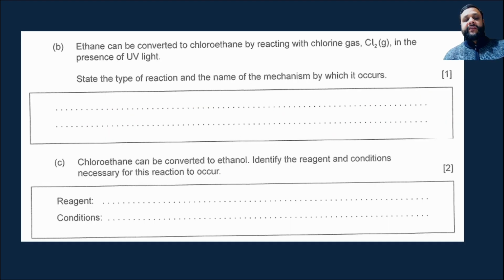B. Ethane can be converted to chloroethane by reacting with chlorine gas in the presence of UV light. State the type of reaction and the name of the mechanism by which it occurs.